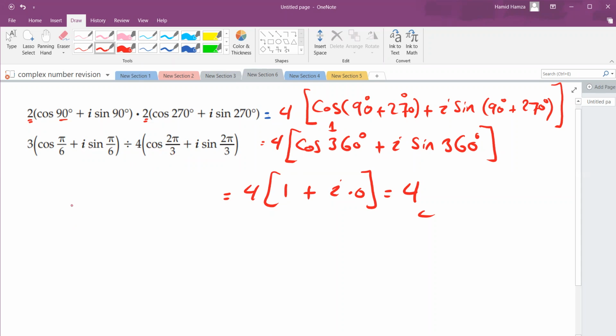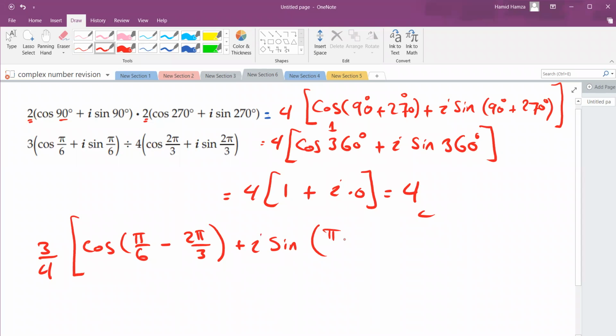So 3 divided by 4, so it will be 3 over 4 cosine. Then we will subtract pi over 6 minus 2 pi over 3, plus i sine pi over 6 minus 2 pi over 3.